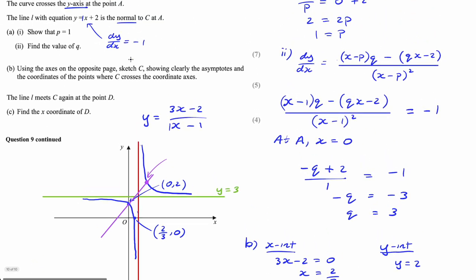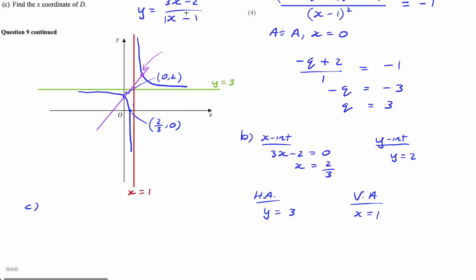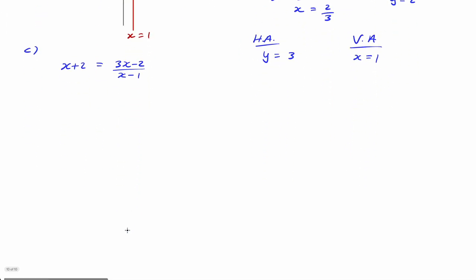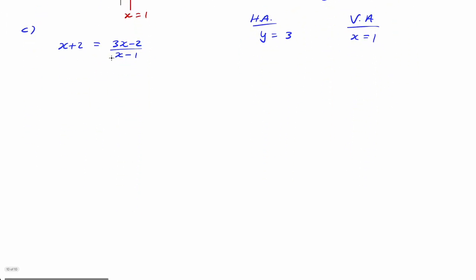So the line, guys, is just x plus 2, to this curve. So x plus 2 equals (3x minus 2) over (x minus 1). And then we solve this. We'll get two solutions. x equals 0 is one of them, and the other solution is the answer to the question. So multiply across: (x plus 2)(x minus 1) equals 3x minus 2.